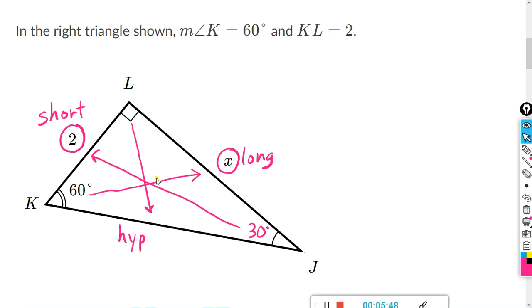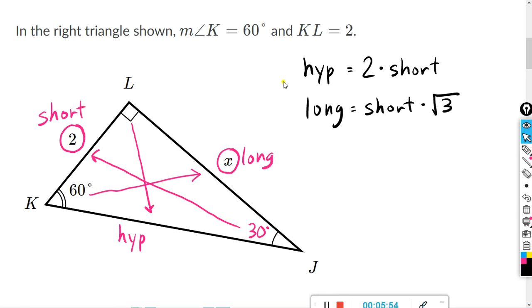So there are two formulas we learned for 30, 60, 90 triangles. All right, the hypotenuse equals 2 times the short leg, and the long leg equals the short leg times radical 3. All right, we're looking for x, which is the long leg, so we don't need the one with the hypotenuse.